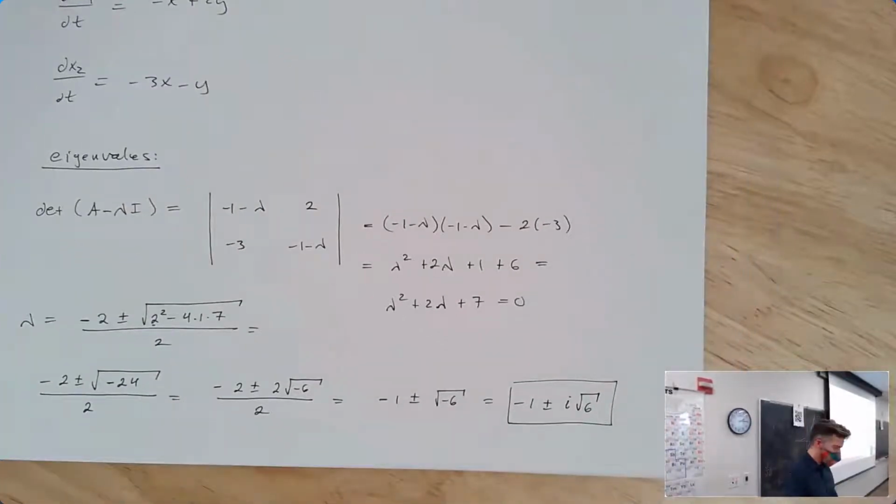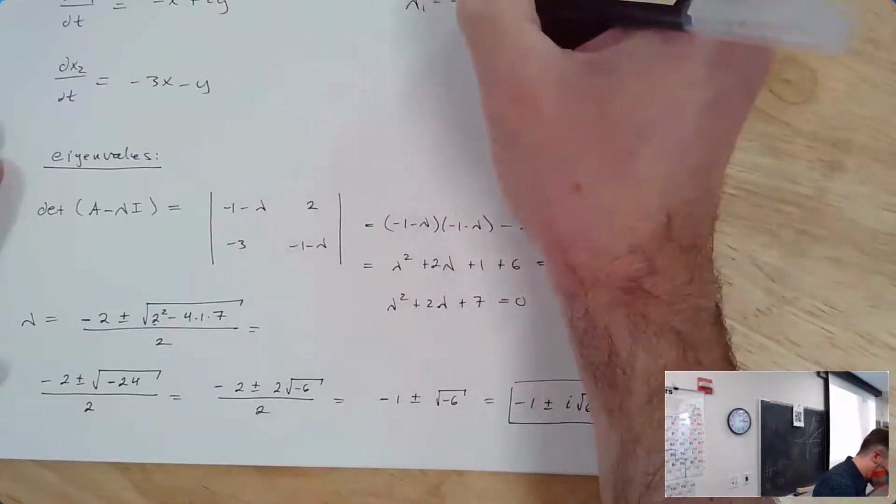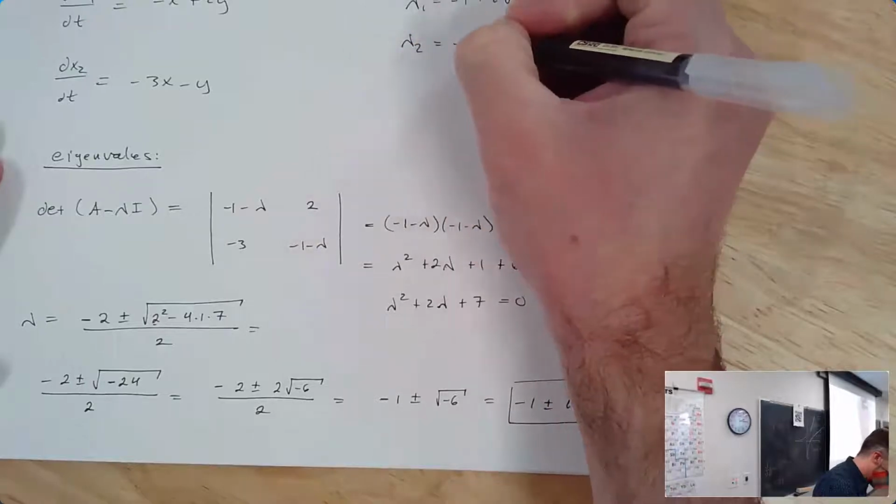So we've got our two eigenvalues: lambda1 equals -1 plus i root 6, and lambda2 equals -1 minus i root 6.